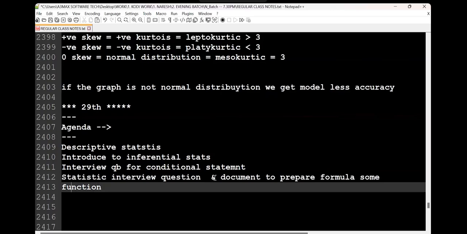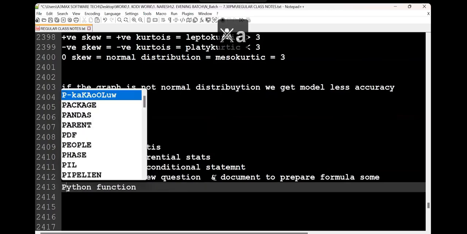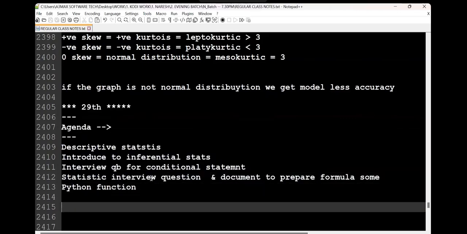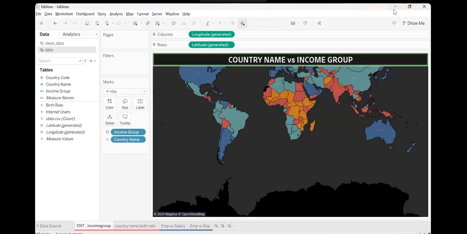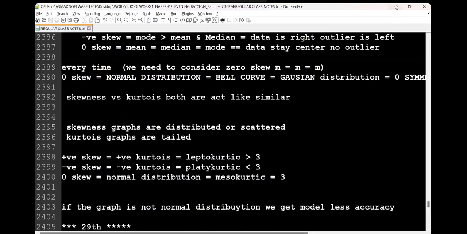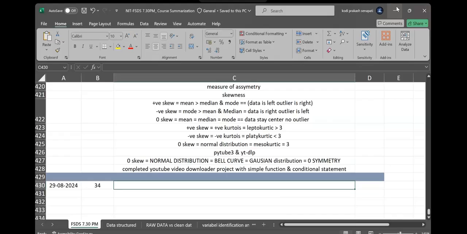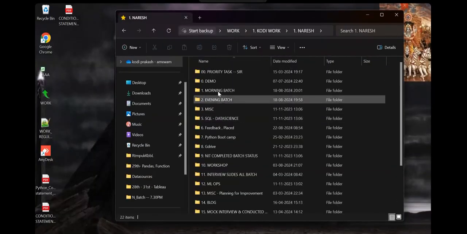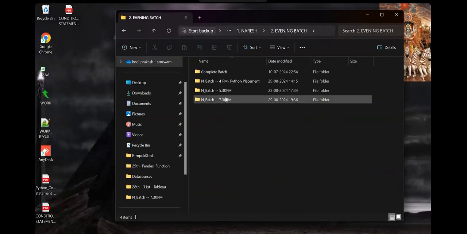Then we'll introduce Python functions. Okay, let's start today's session now, guys. In descriptive statistics, how many parts did we complete? Two parts. Let me finish the other one.